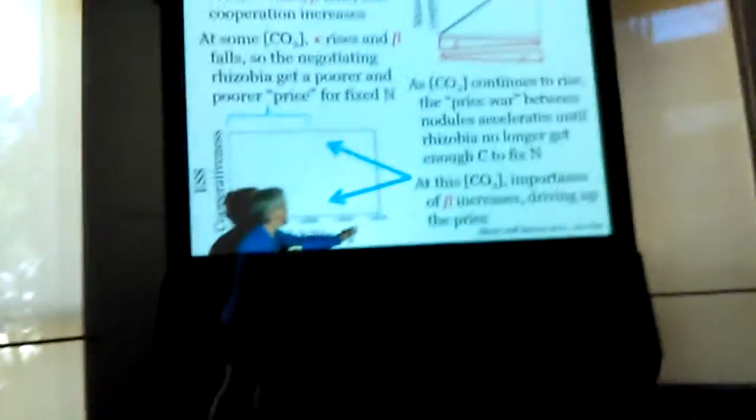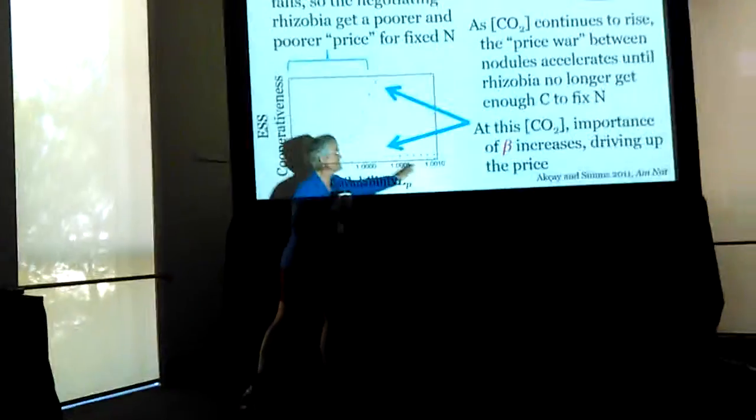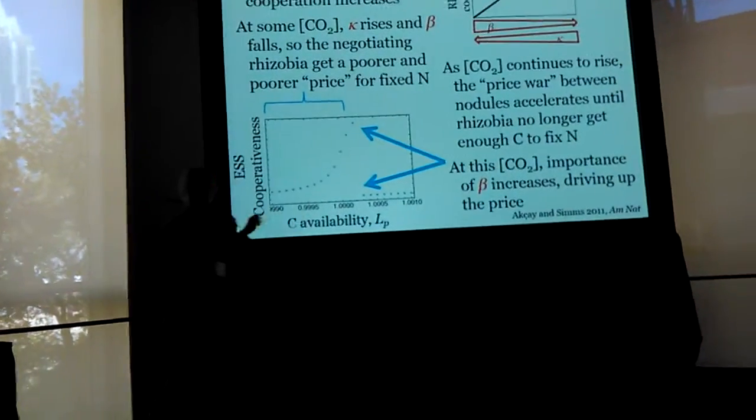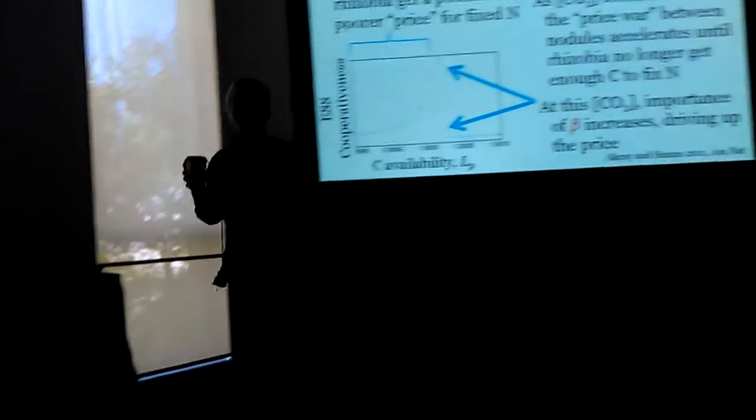We don't really know whether the change in carbon dioxide concentration is at this scale or at a much larger scale. We've only very recently looked at this. But what's interesting is that it's not a continuous linear effect, that it's a lot more complex interaction when you allow the rhizobia to have some control.